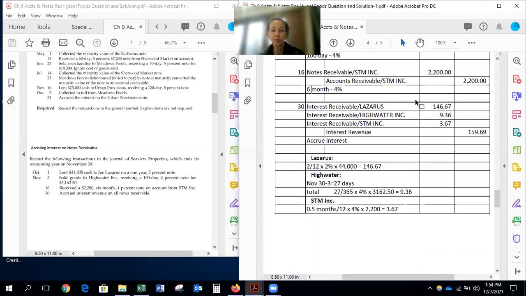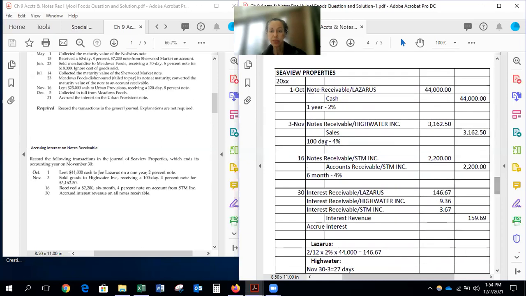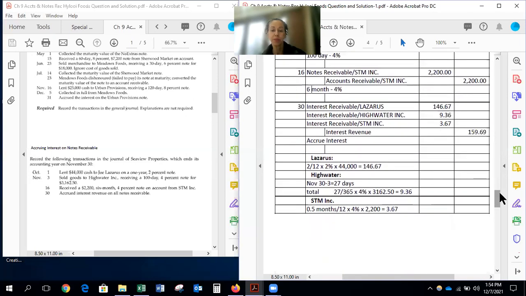And what I did here is I kept all 3 notes separate, just so you could see how I arrived at the number. Okay, so Lazarus is expressed in annual terms. We needed to accrue for 2 months, so we multiplied it by 2/12. For high water, we had to calculate interest based on, it's to November 30th. So we're going November 3rd to November 30th, 27 days. Okay, so we get $9.36.